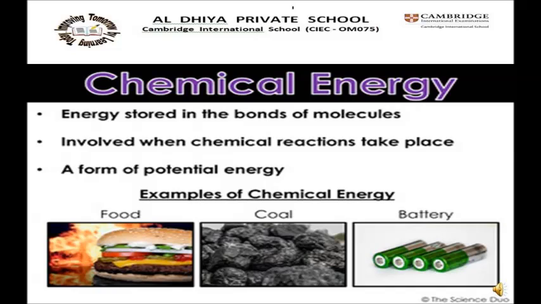It is broken down to release energy for the body to store and use at the time of respiration. So food contains chemical energy. Next is fuel. In homes, fuel is used to heat water to produce steam for generating electricity in power stations, etc.